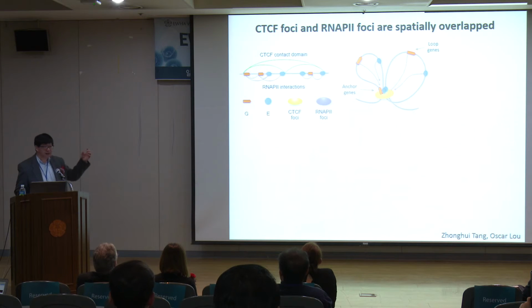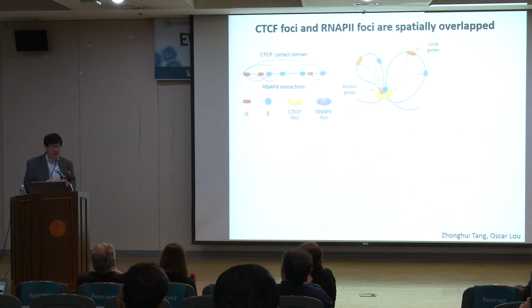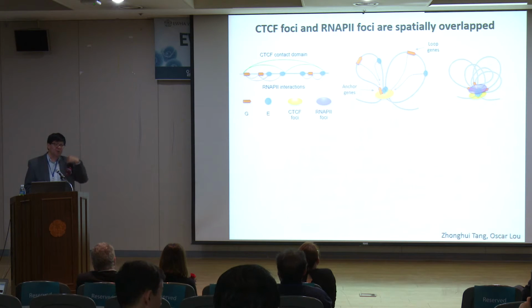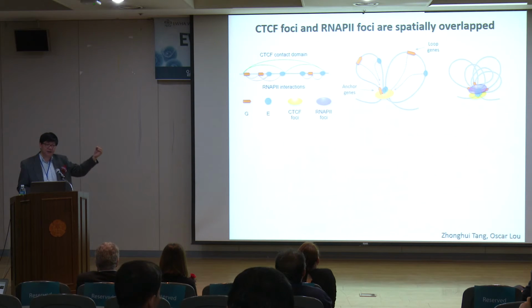However, if you consider RNA-Pol2 working together with these structures, you can see that through the Pol2-mediated chromatin interactions, the loop genes or loop enhancers are brought to the anchor regions structured by the CTCF foci.